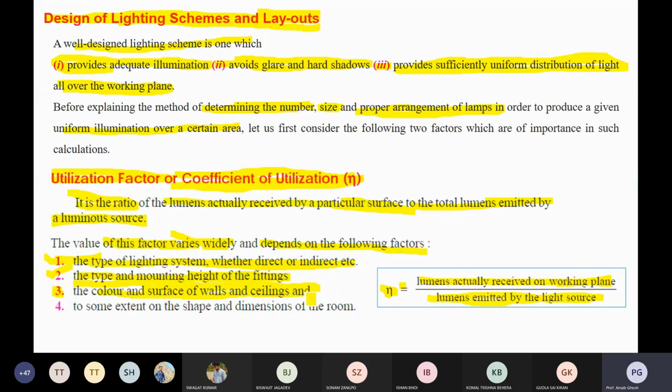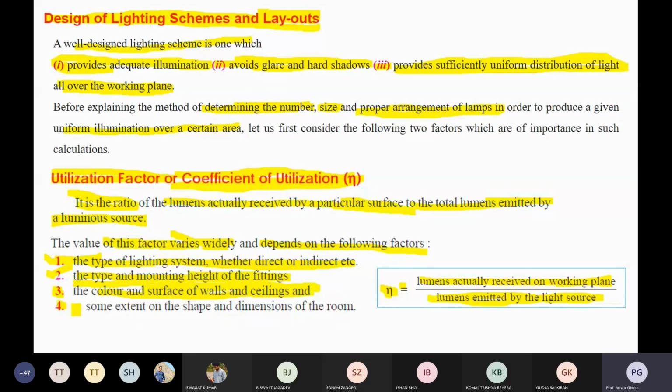Then the next point is the shape and dimensions of the room. If the room looks like a hall, a big room, and you are hanging or mounting only one lamp inside that room, it is not possible for that light to be sufficient throughout the room.